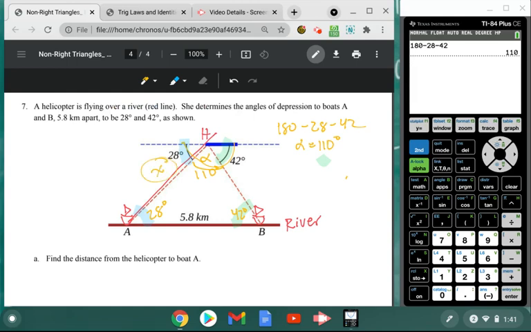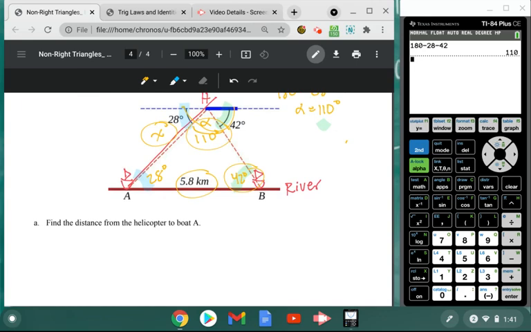So I've got x and its angle opposite, and I need another pair. I have this length and its angle opposite. So let's go ahead and put this into a law of sines. For the law of sines, we're going to do the sine of a known angle. So let's do the 42 and the x. So the sine of 42 is to x as the sine of 110 is to 5.8.